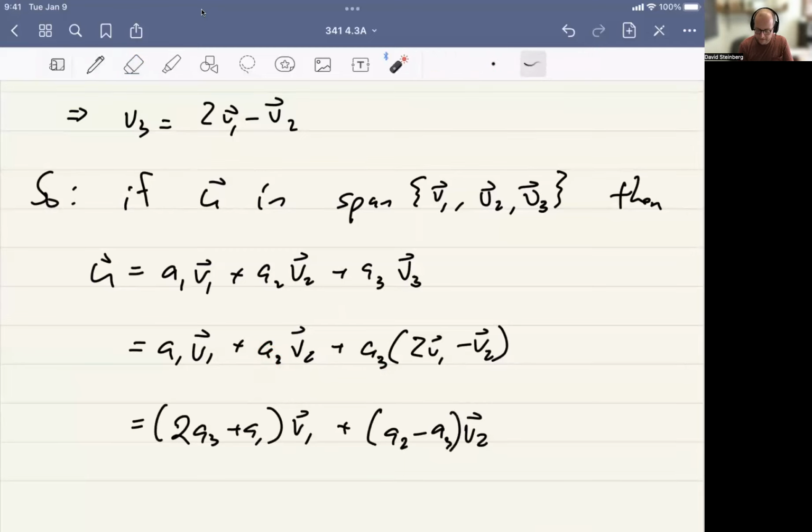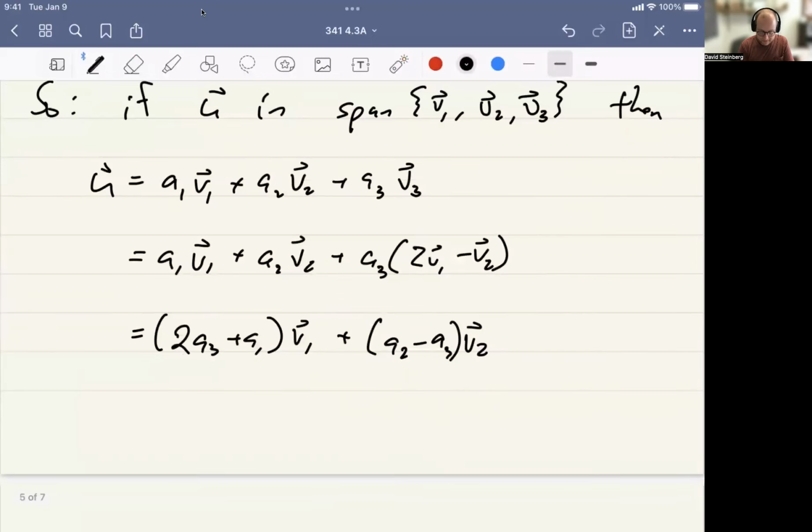And that's everything in front of v2, right? a2 minus a3. Okay. So u is in the span of v1, v2.